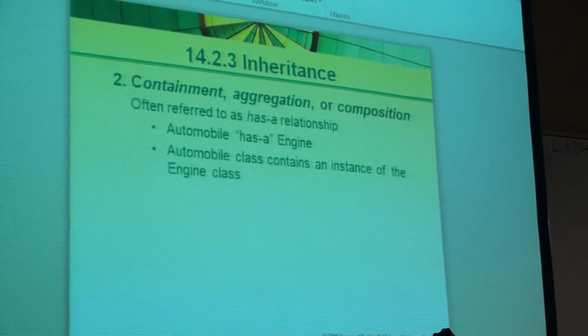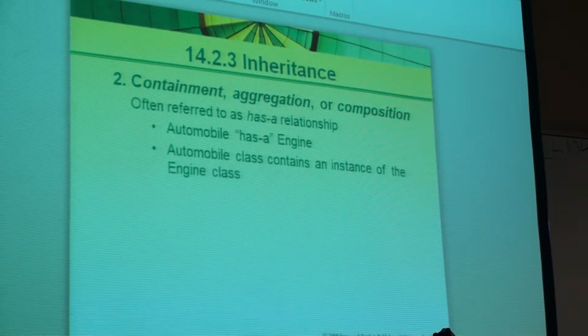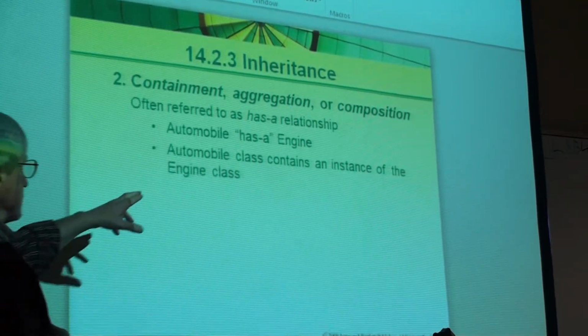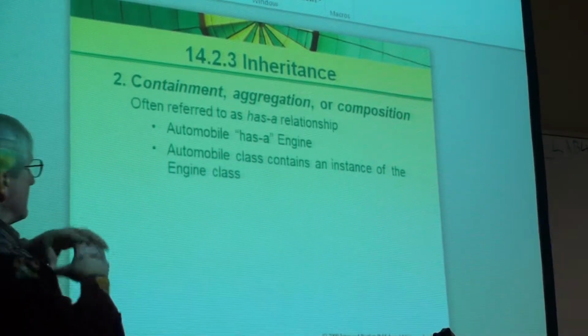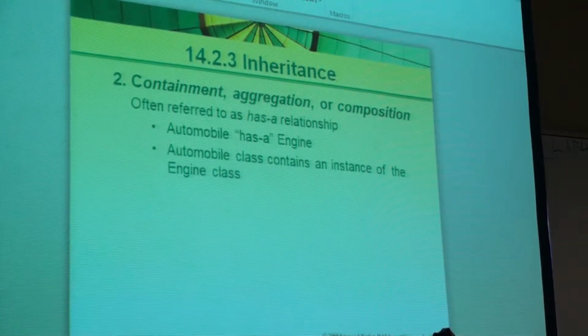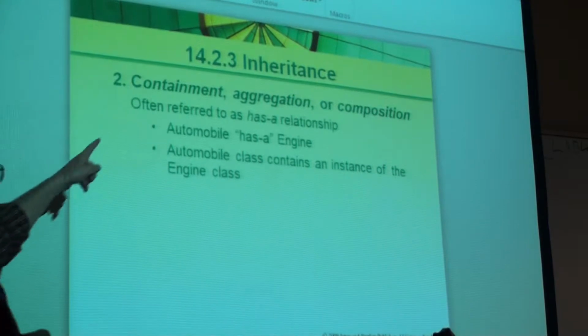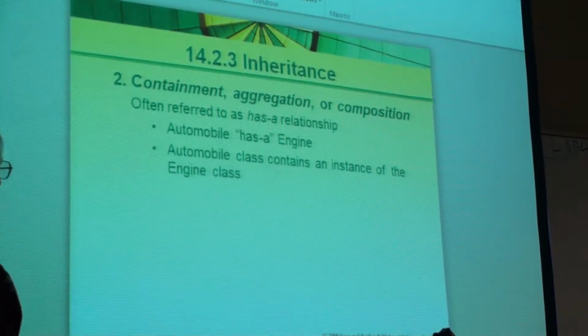So there is an inheritance relationship, but it's also from the notion of a "has a," or container. Containment. Many languages, most notably VB.NET, have a container class. There's a special kind of class that facilitates this sort of inheritance.